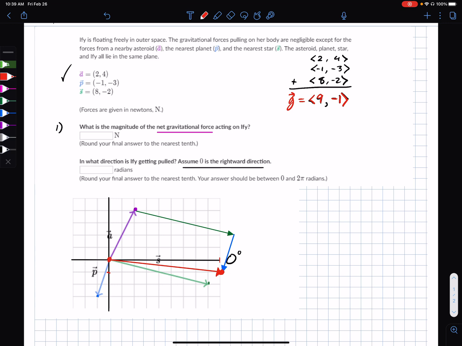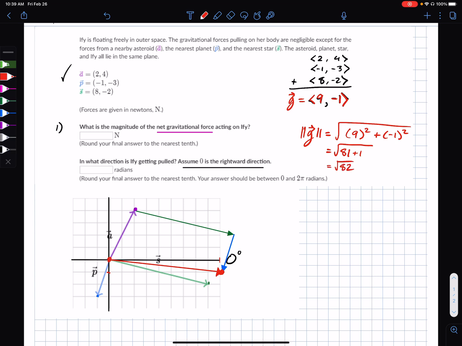Okay, so we need to know the magnitude of that. So if I call that G, we're just looking for the magnitude of the G vector, which was the sum of those other three. I'll set this up, but I'm going to do it on a calculator off screen here. Actually, these numbers are not big, so what do we get? 81 plus 1, so radical 82.